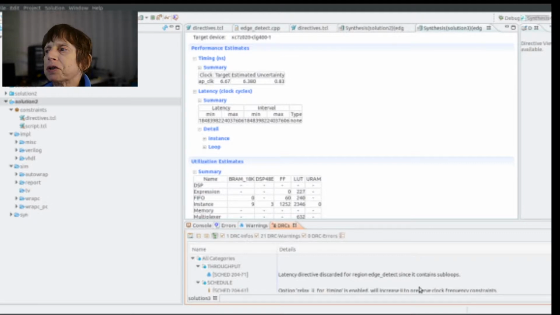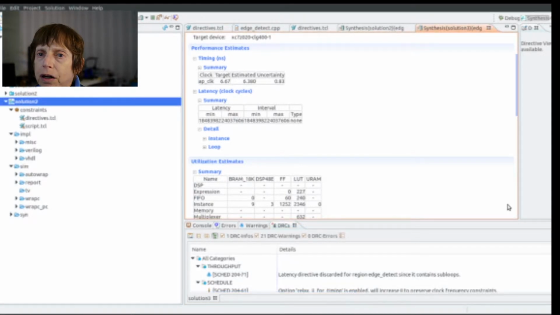Now let's talk about probably the most valuable thing of this exercise, which is understanding performance. Remember, this module, this edge detection module, did not work. We put it in, quit working, took it out, it worked. So that points to something wrong with the design. We used the directives they specified, and that didn't seem to help.